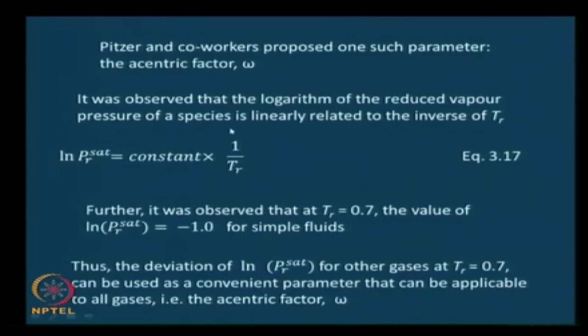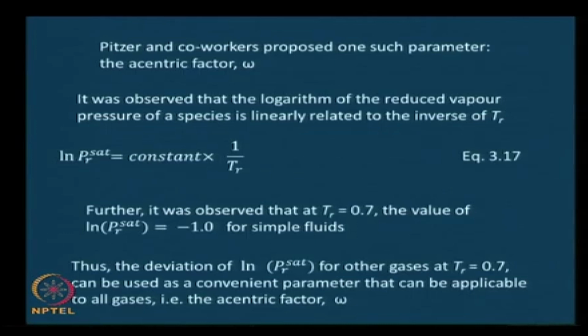This came about from the observation that the logarithm of PR sat for a large number of gases is directly proportional to the inverse of the reduced temperature, and also that was one aspect. The other aspect was, at a reduced temperature of 0.7, the value of log of PR sat was -1 for simple fluids, and therefore the deviation from -1 of the log PR sat value at a Tr of 0.7 would possibly give us the parameter that we are looking for.